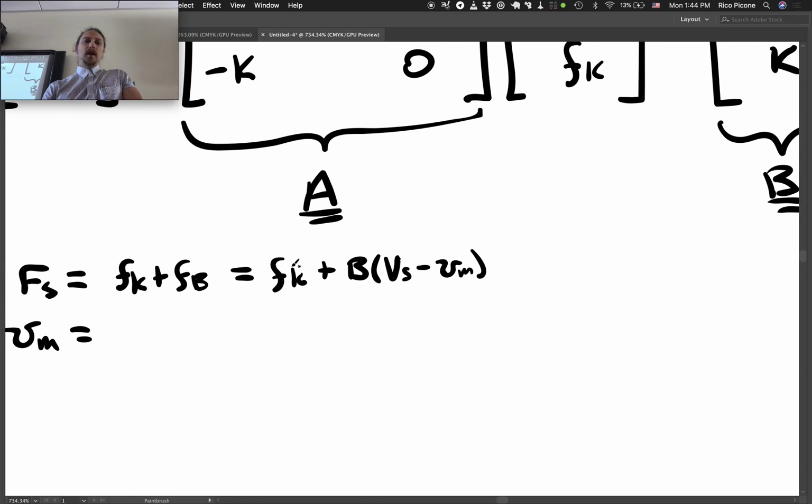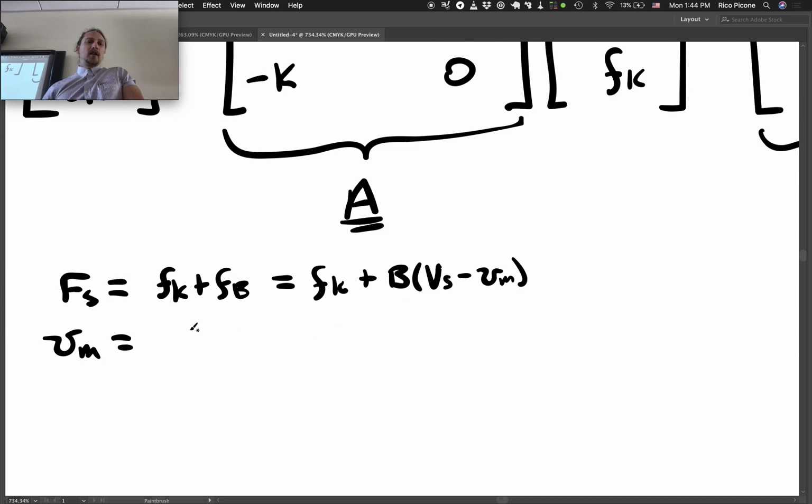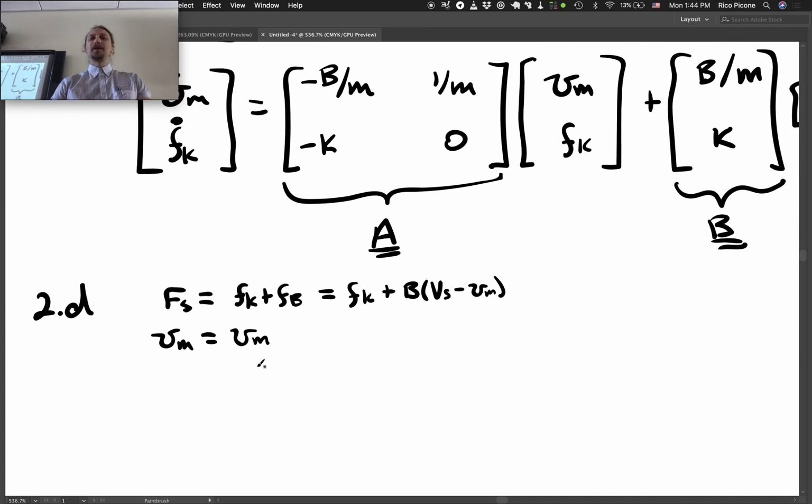And we have state variable, input, state variable, so we're good. How do we write Vm as a state variable or an input? It is a state variable. Yeah, that one was easy.